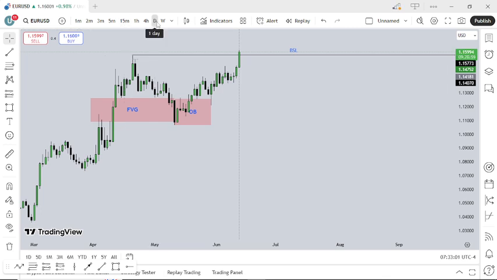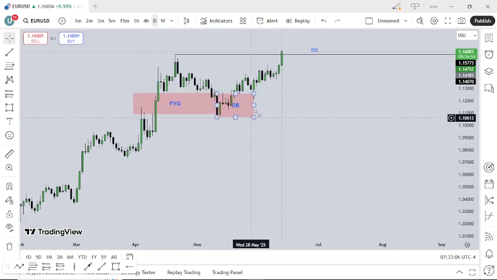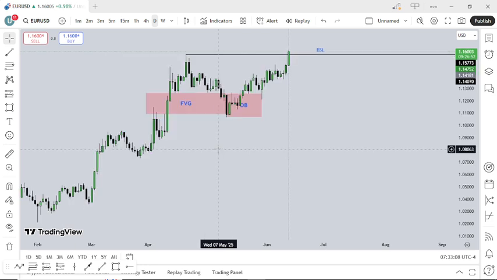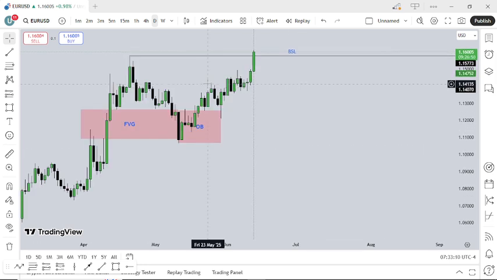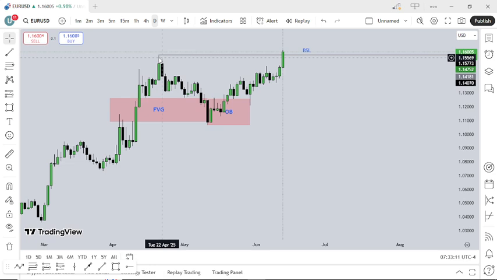So now, that being established, that we have been looking for buys, we have been looking for buy trades because our draw on liquidity has been this BSL.